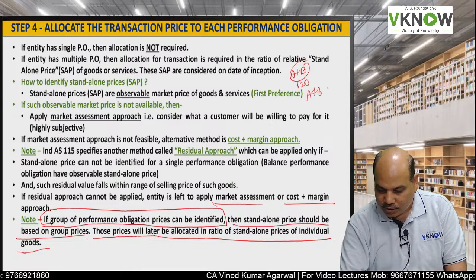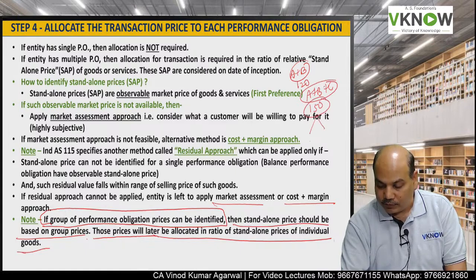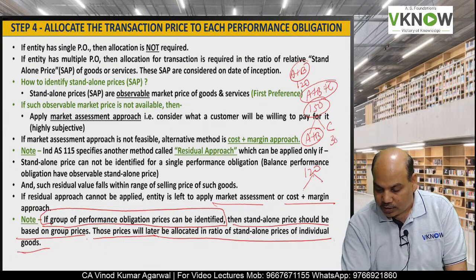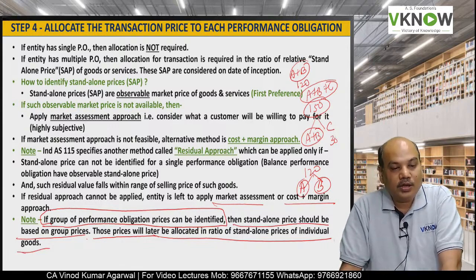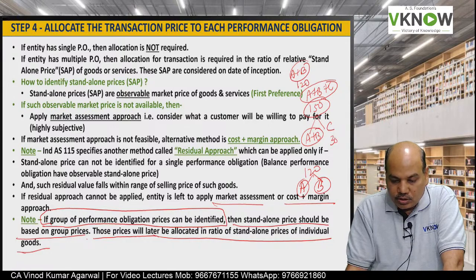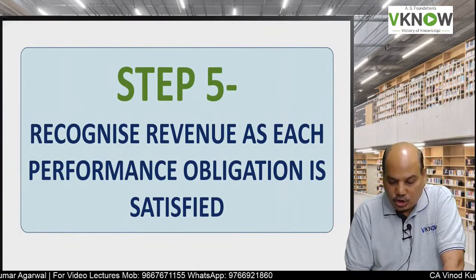A plus B plus C is sold for 150, which means out of 150, A plus B is 120 and C is 30. Then this 120 will be further allocated between A and B in the ratio of their standalone prices. So this is called allocation of transaction price to each performance obligation.